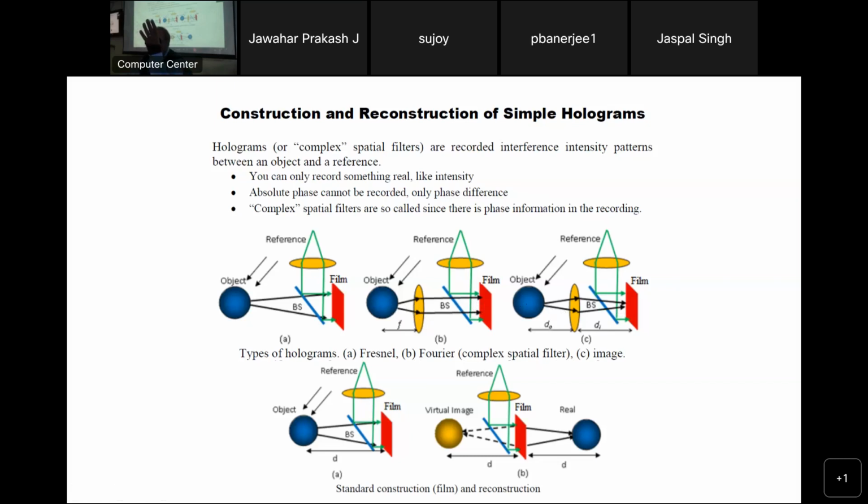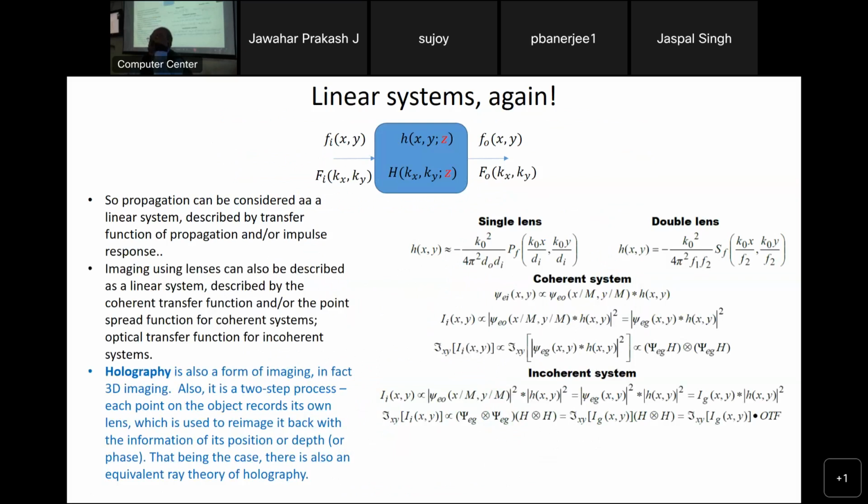And if you go back here, if you put that as your so-called spatial filter, as an example, in a two-lens imaging system, so if you illuminate the spatial filter by light from another object, then the Fourier transform of the object falls on the spatial filter, which is the Fourier transform of another function.